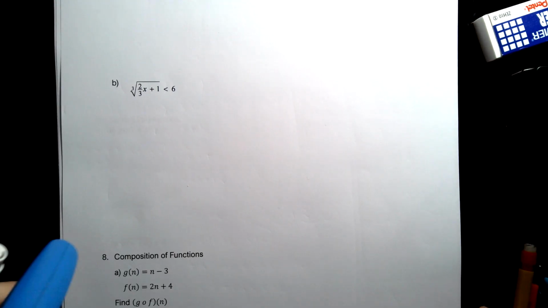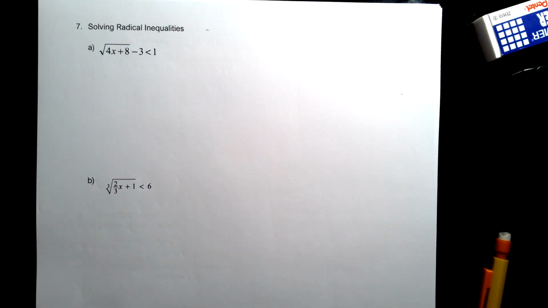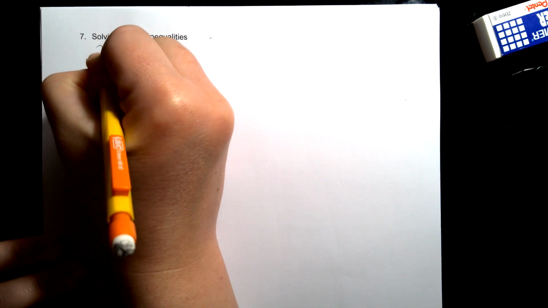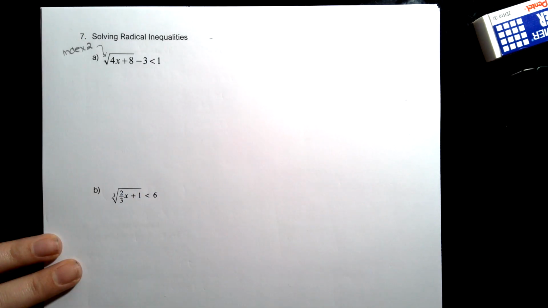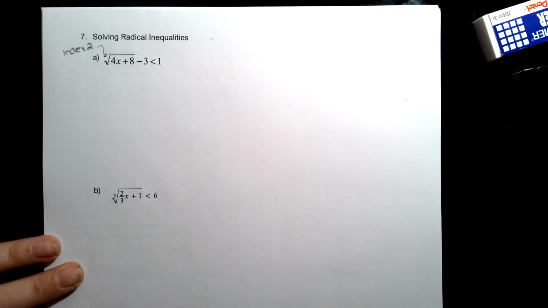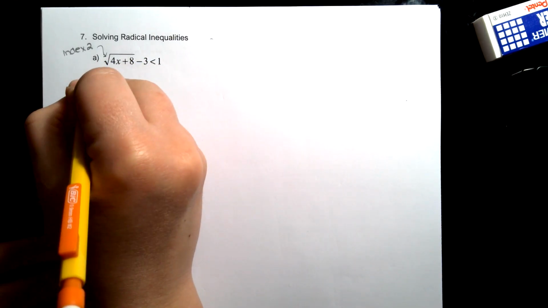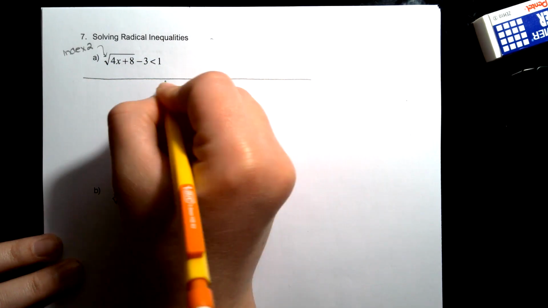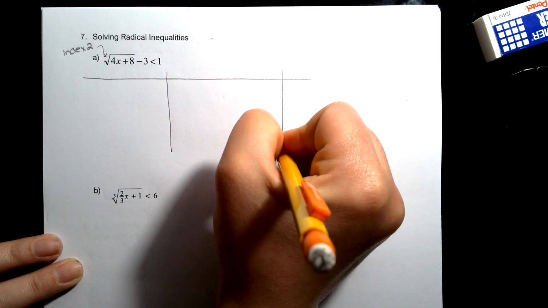Next up, we have inequalities. We have a square root inequality and we have a cube root inequality. You do treat them differently because their indices are different. For a square root, we have an even index, and even indices mean that we can't have a negative inside of a square root, fourth root, etc. We're going to create a little table here, and we're going to separate things out.